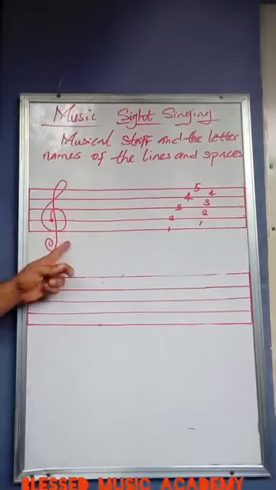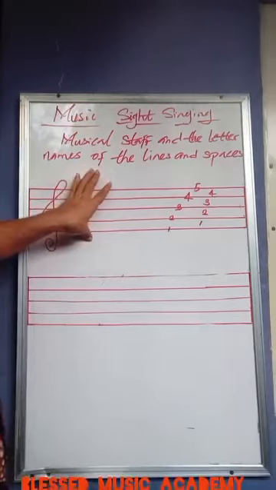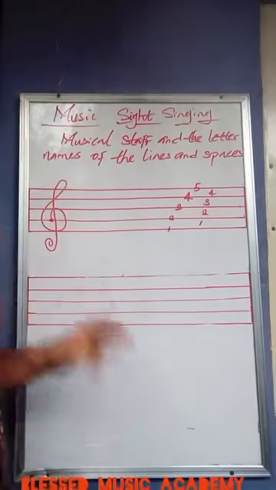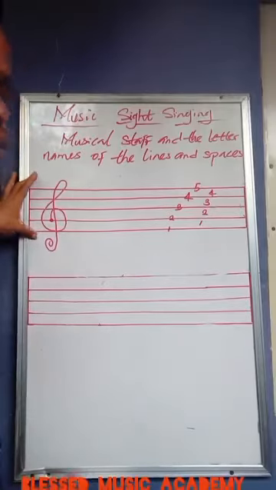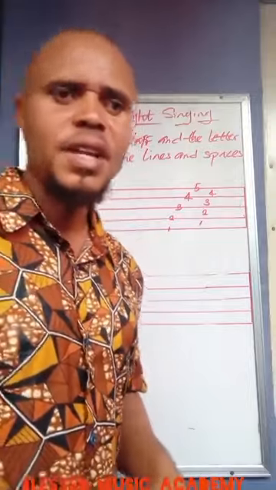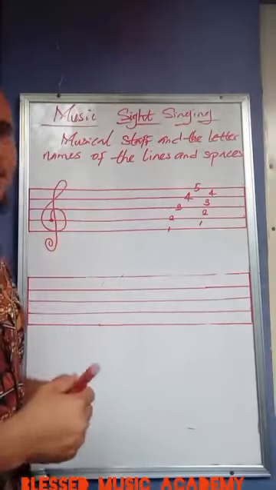Okay, this is called the treble clef on the staff, and it gives this staff an identity, which is called the treble staff. Now we are going to talk about the letter names of the lines and spaces. Each of these lines has its letter name.